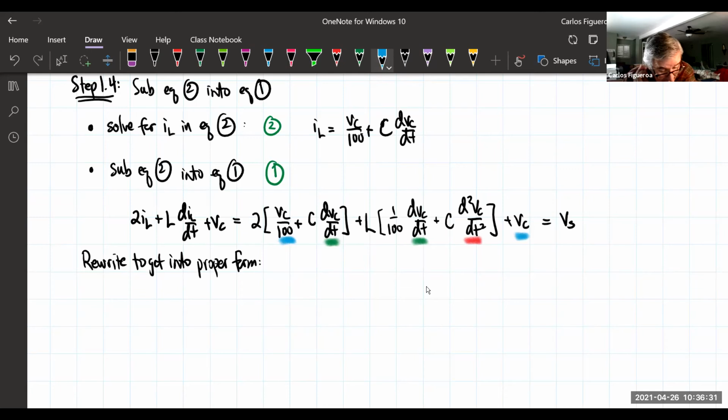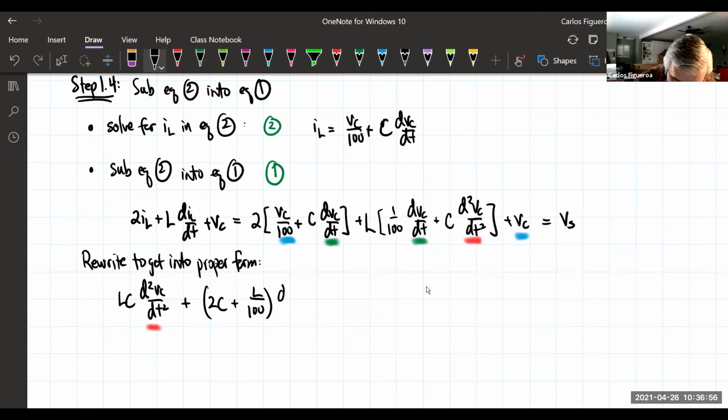My first term is the red term, so I'm going to get LC d²VC/dt². Now I'm going to get all the green terms. I'm going to factor out 2C plus L over 100, and this guy's going to give me dVC/dt. And that gives me my green terms.